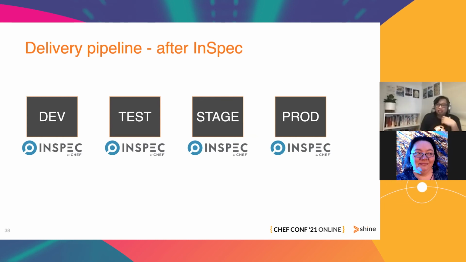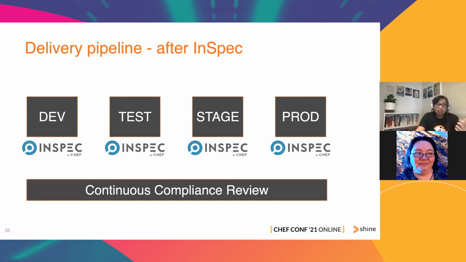If there is an improvement to the tests, then we will release a new version of the tests. And by introducing this along the way, we didn't wait until the end of the pipeline. We introduced it as early as possible, throughout the delivery pipeline. So we ended up introducing what we call continuous compliance review. It didn't just wait until the end, it went through the whole pipeline.